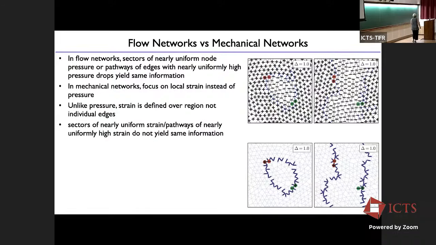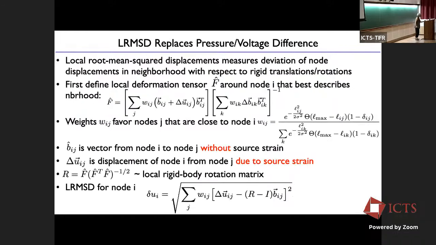So we then extended this to mechanical networks. What we do is we define, instead of strain, what we use is something called the local root mean square displacement. And what that does is it takes a neighborhood, okay, and it measures the deviation of the node displacements in that neighborhood from rigid translations and rotations, because we don't want to count rigid translations and rotations, okay?